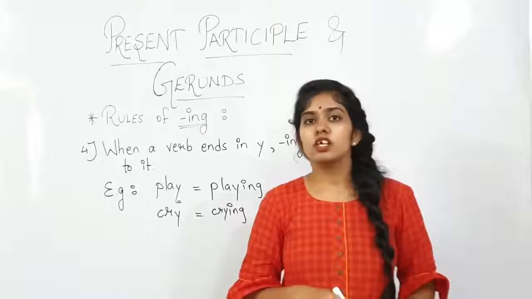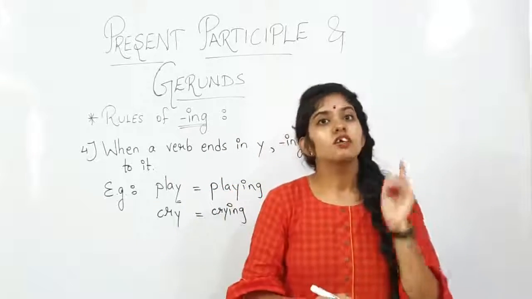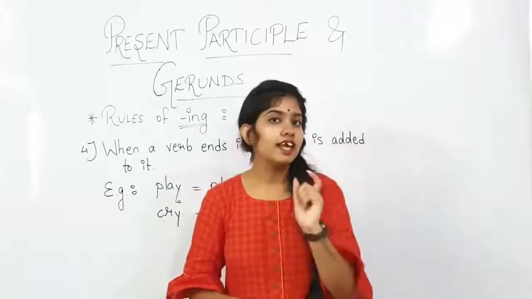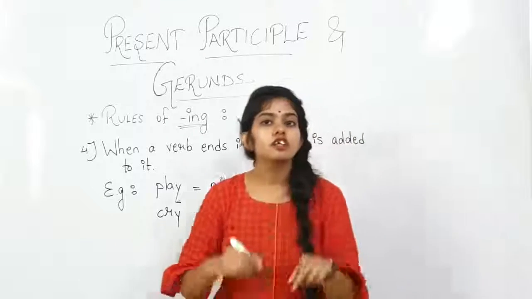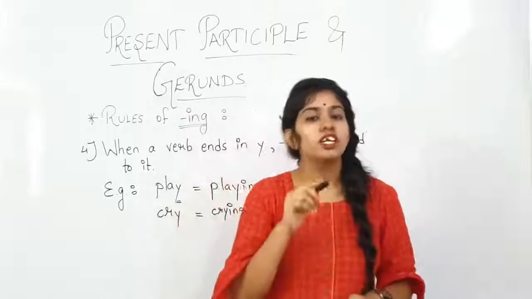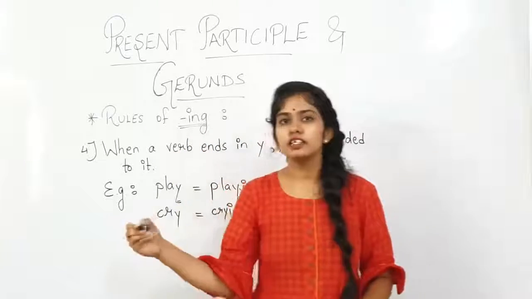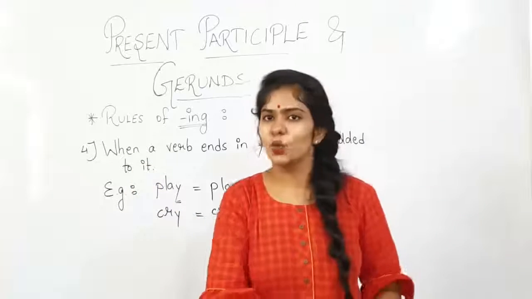In the second rule, when the word is ending with e, but the e is not silent in that word, right? Then in that case we are not dropping the e, we will directly add ing without dropping, means without cutting the e, we will directly add ing to that word.